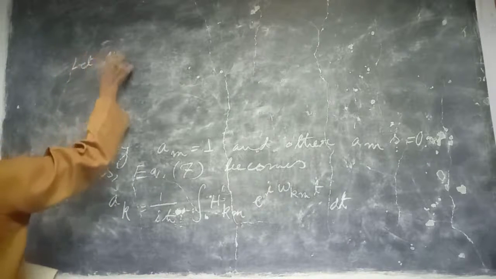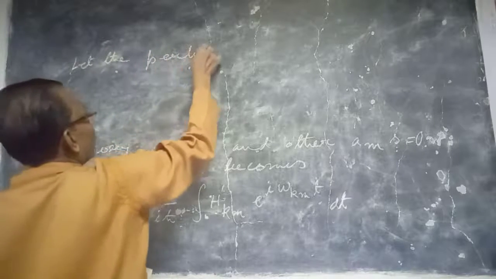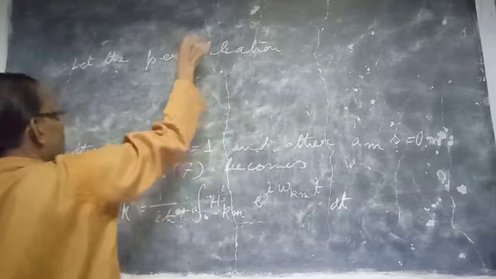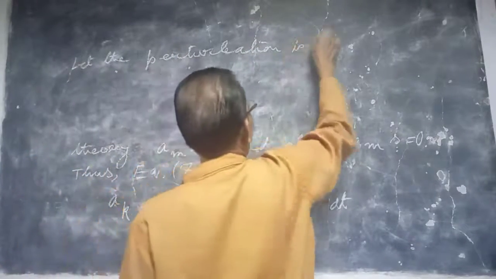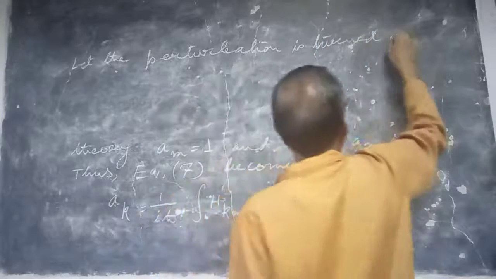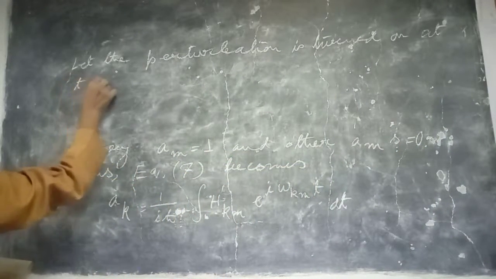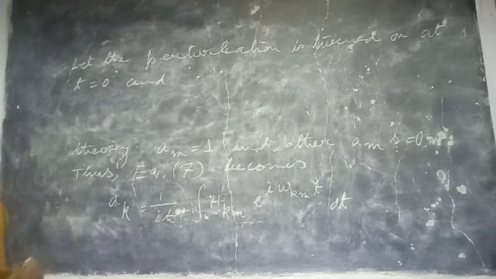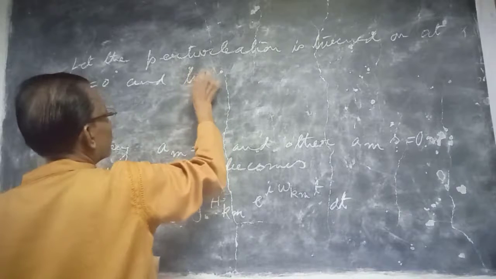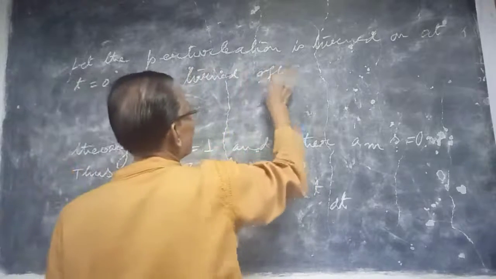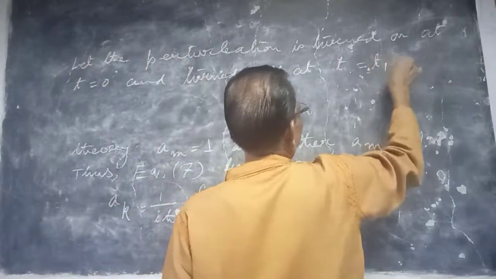Now let the perturbation H prime be turned on at time t equal to 0, and turned off at, suppose, t equal to t1.